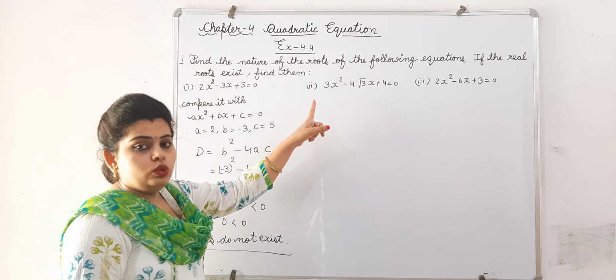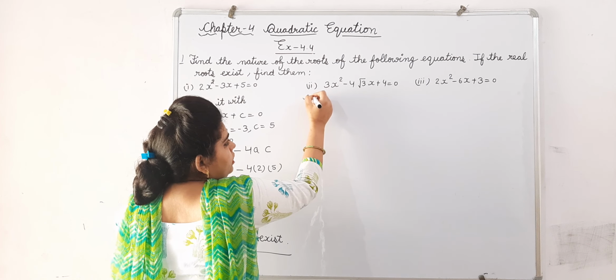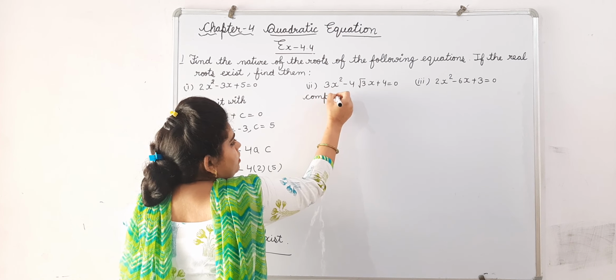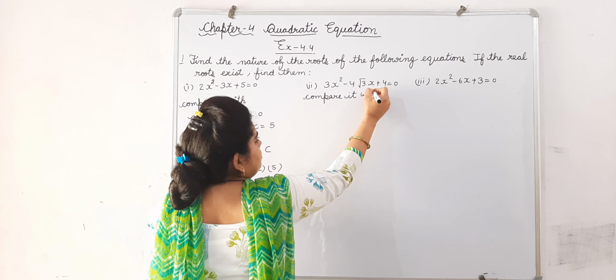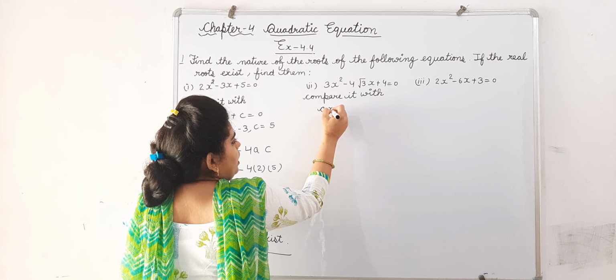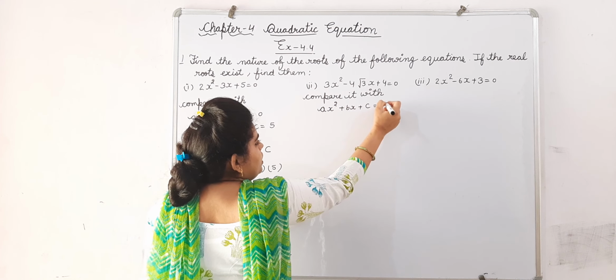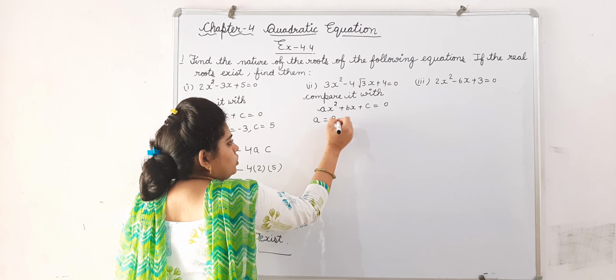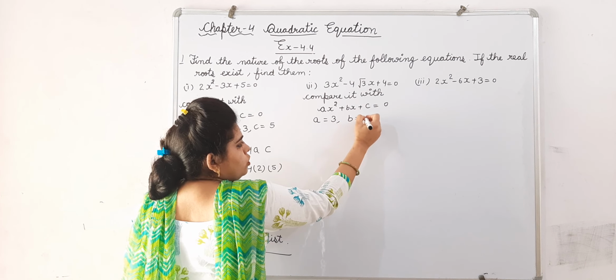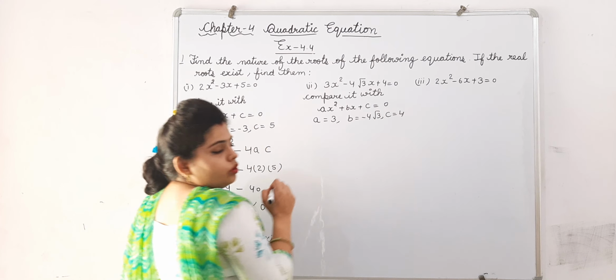Now come to the second part. Again we will compare it with the standard equation ax square plus bx plus c is equal to 0. Now a is equal to 3, b is equal to minus 4 root 3, c is equal to 4.